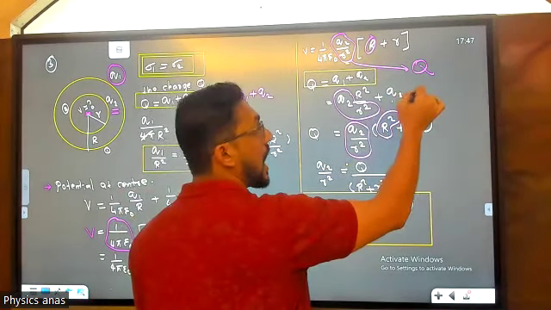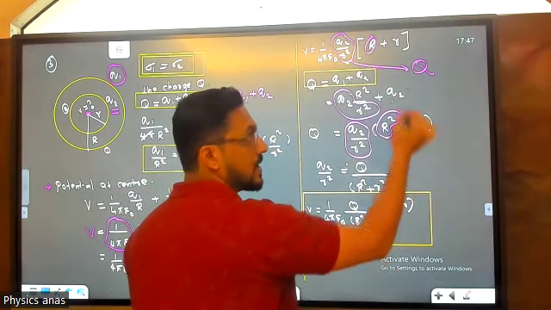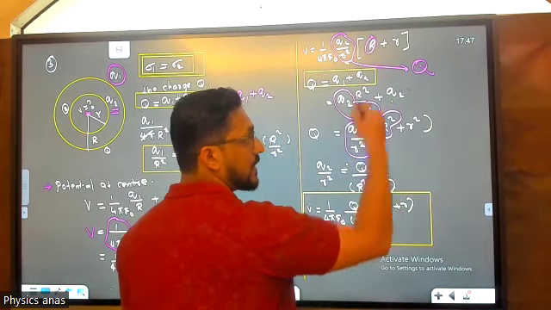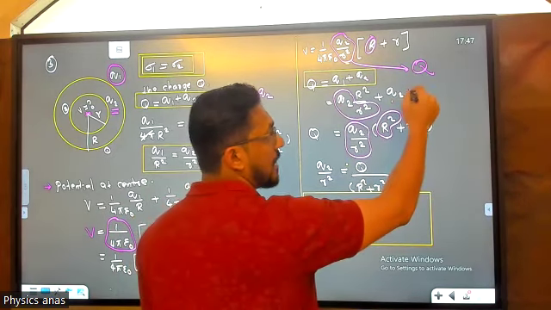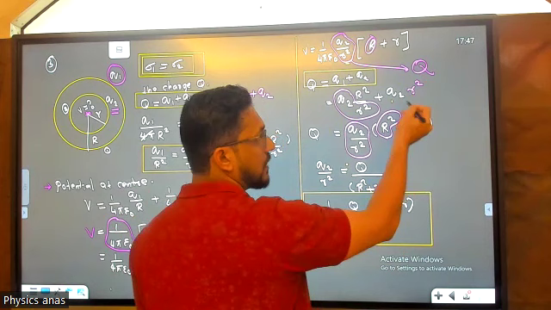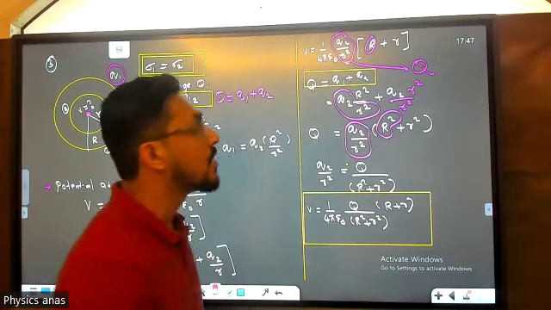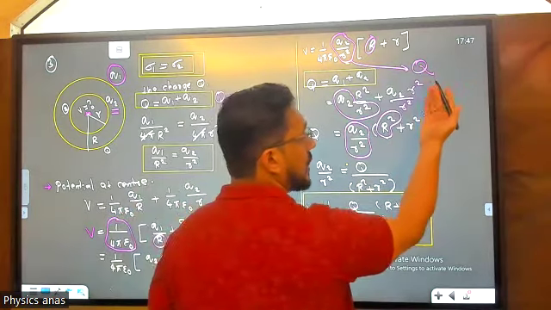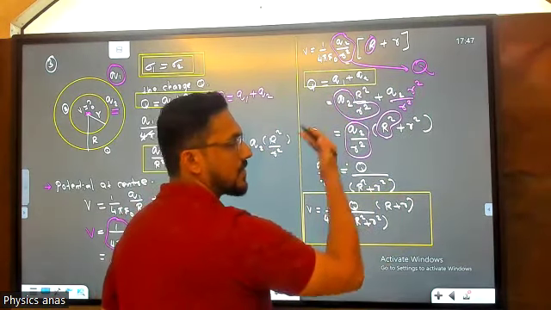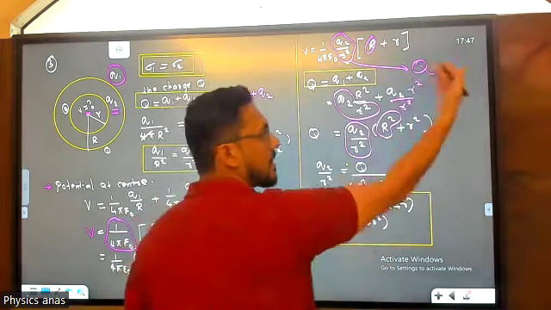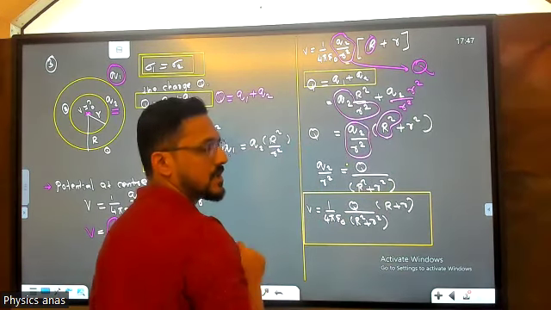But there is no r square here. So you have to give an R square, then you can take an R square from it. Give an R square, take divided by R square from it.